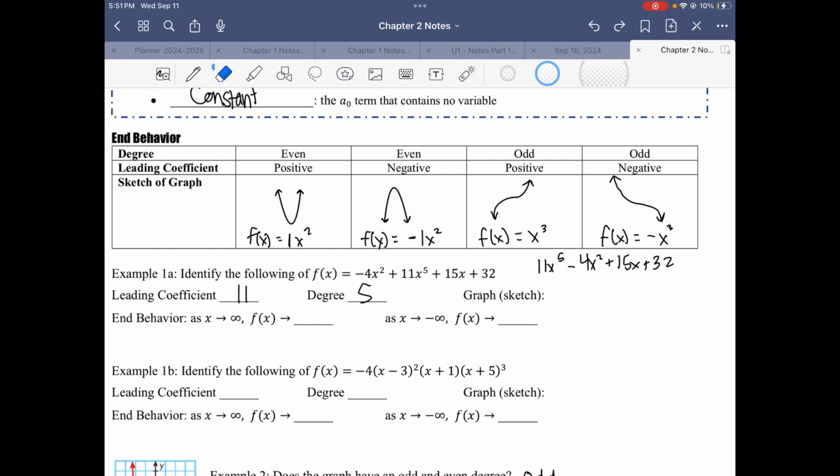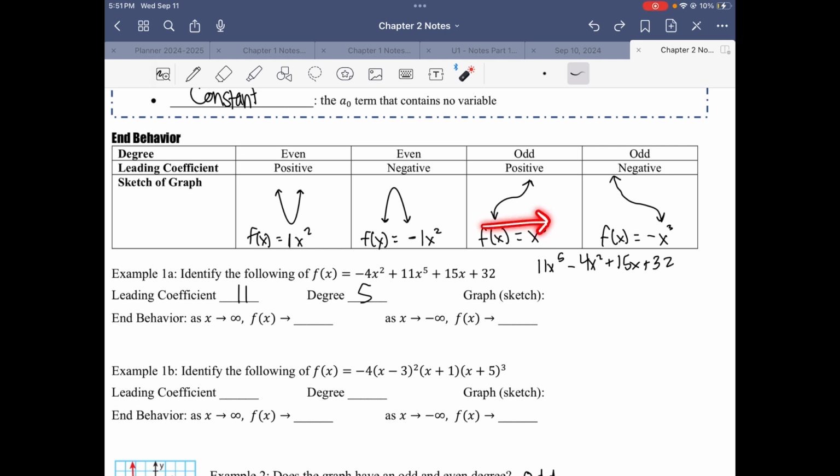Then as far as end behavior goes, I know that my leading coefficient is positive, and I know that my degree is odd. So just like x to the third, my end behavior is going to follow suit. So as x goes to infinity, what that means is as you go right, okay? As you go right, what is y doing?